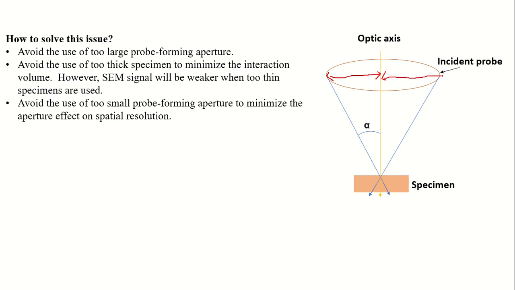If this distance is larger, that means we have this alpha larger. So we don't want this alpha to be large. If we increase this further, we will get spherical aberration, and that will affect the image. So we don't want this condition.